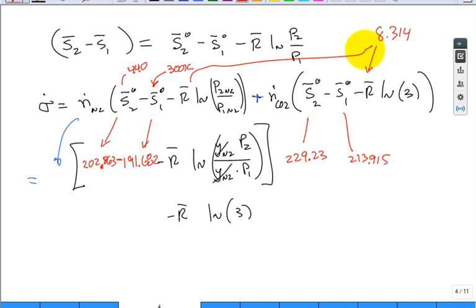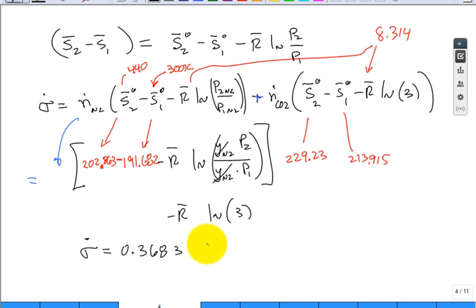Okay, so you can calculate the rate of entropy generation. I think it comes out to be 0.3683. Hey, what are the SI units on this? Clicker question.